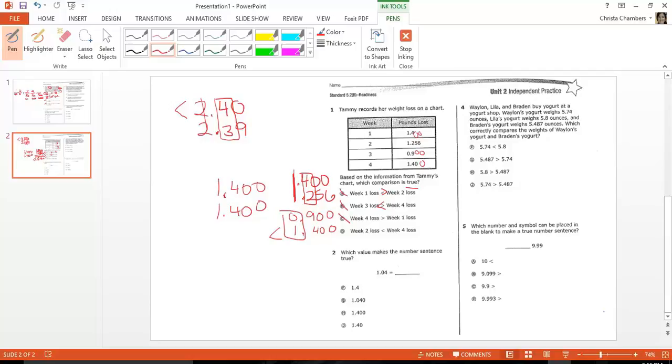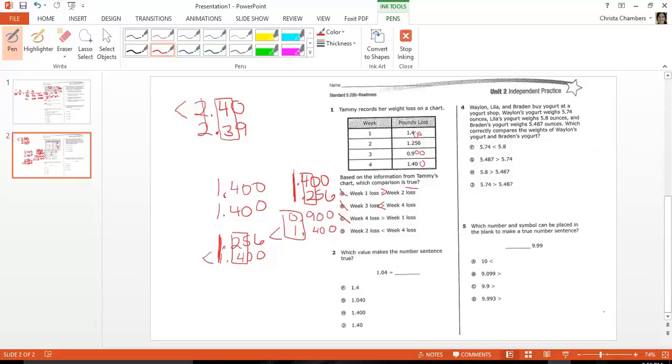So let's just take a look at D, week 2 and week 4. Week 2 is 1.256, and week 4 is 1.400. My ones place, those are the same. But here in my tenths place, this is where they're different. And 4 is bigger than 2.